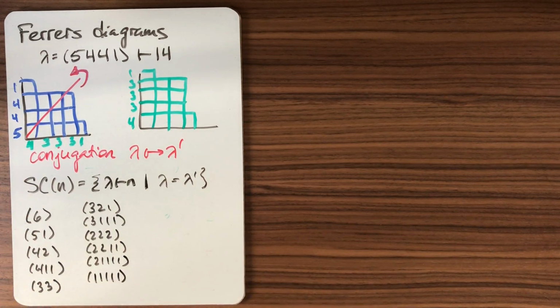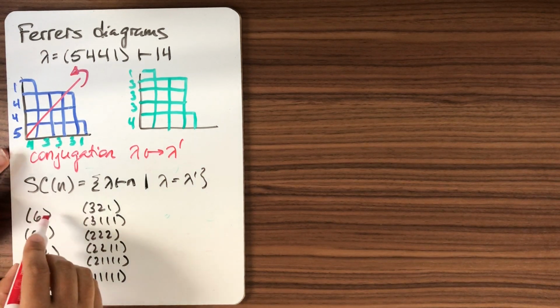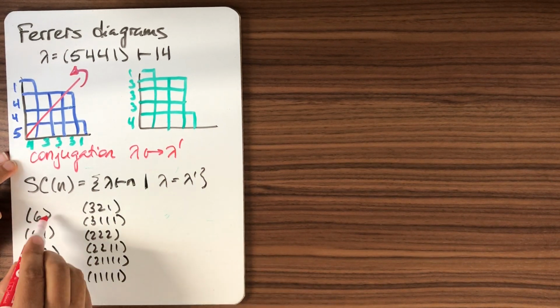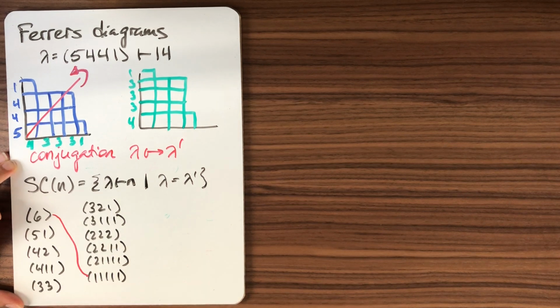Okay, how many of these are self-conjugate? We can draw a map between the ones that get conjugated to each other. So 6 is one long row. This becomes one long column, right? 5, 1 has 2 parts, so the conjugate is going to start with a 2 and then have a bunch of 1s.